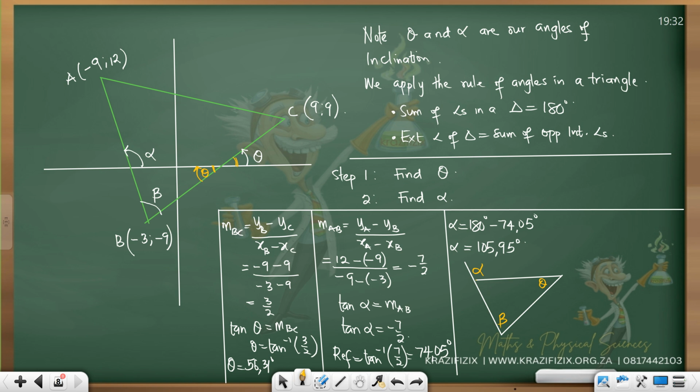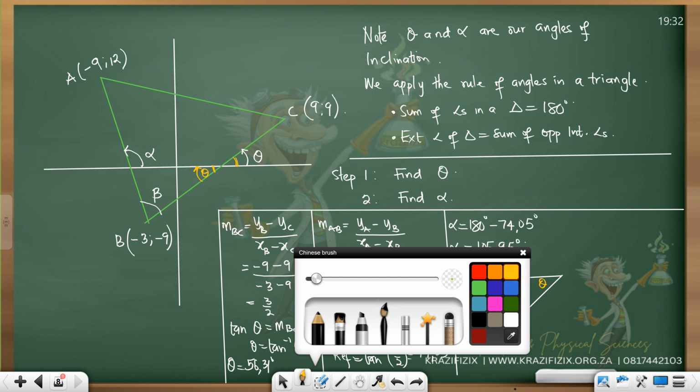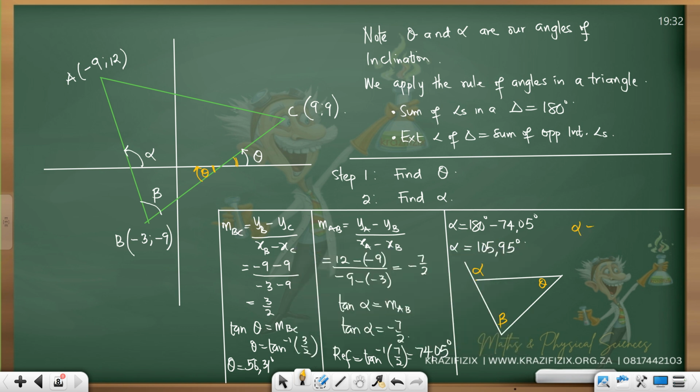As mathematicians, we should know that the angle outside, alpha, is equal to beta plus theta. That is using exterior angle. This is an exterior. Please label it. Exterior angle is equal to sum of opposite interior.